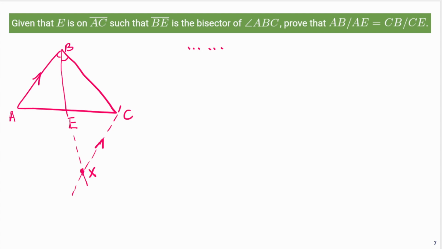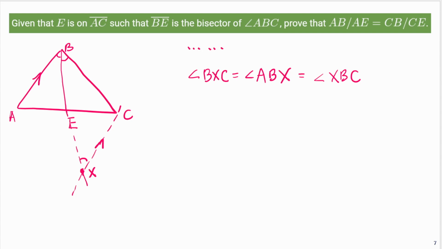Specifically, we have angle BXC equals angle ABX, because of parallel lines, right? And this also equals angle XBC.